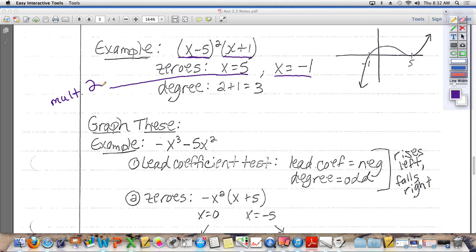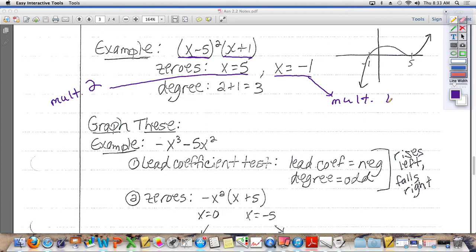Is it going to go right through the x-axis, or is it going to bounce? It's going to bounce, okay? This one right here only shows up once. So it has a multiplicity of 1. 1 is odd, and if it's odd, then it's going to cross right through. It is not going to bounce. Okay.